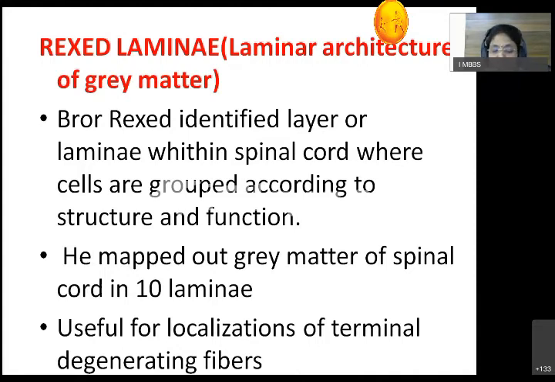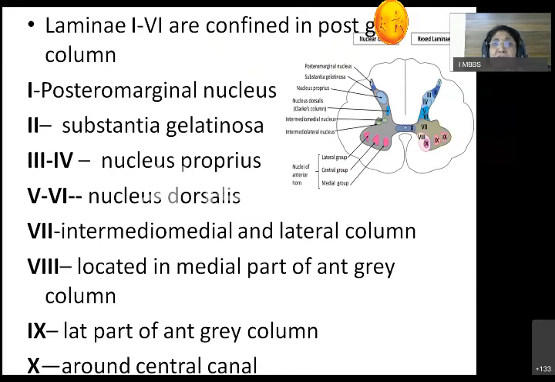So how are these laminae present? Rexed has kept these laminae in the form of Roman numerals extending from 1 to 10. Out of that, the first to sixth laminae are present in the posterior column, and the remaining are present in the lateral and anterior column. The first lamina, which is present at the tip of the posterior horn, corresponds to the posterior marginal nucleus, and this nucleus is related with pain and temperature sensation.